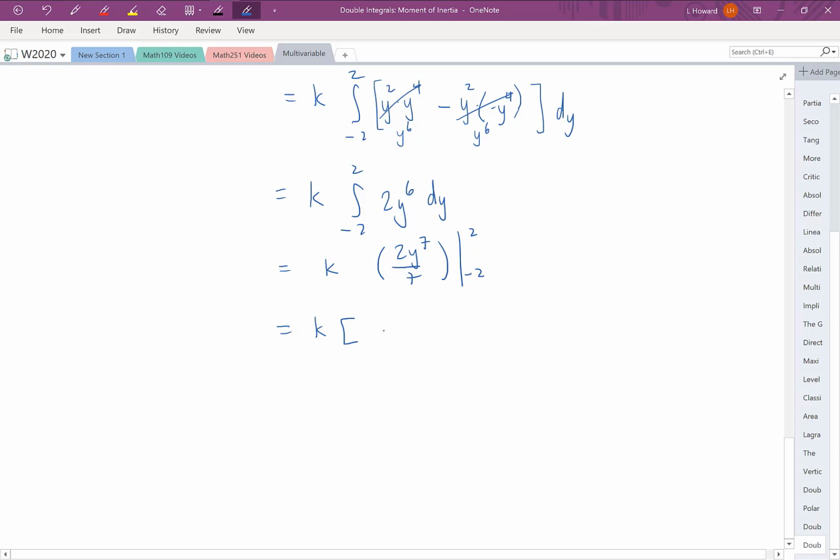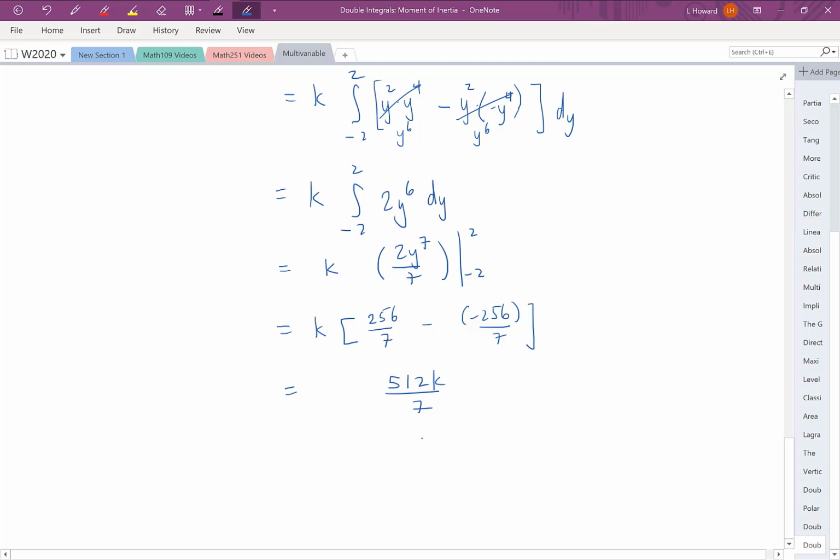If we multiply that by 2, it's 256. So 256 over 7, and then minus, this is going to be a -256 over 7. So altogether, final answer coming up, 512k over 7 for our moment of inertia about the x-axis.